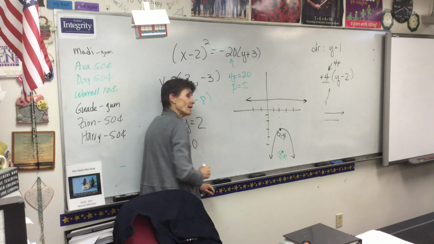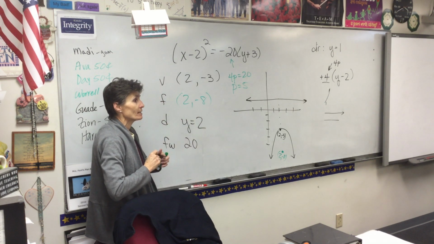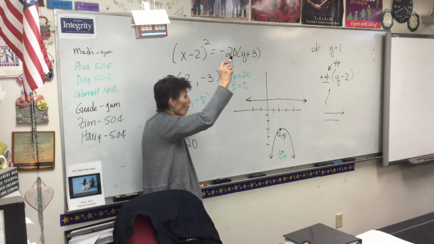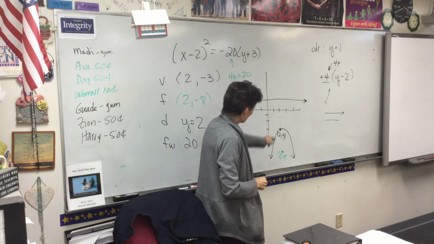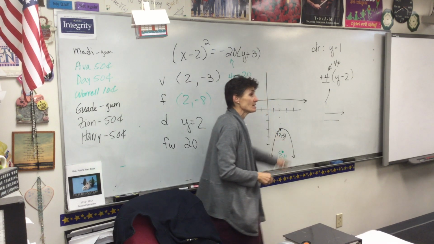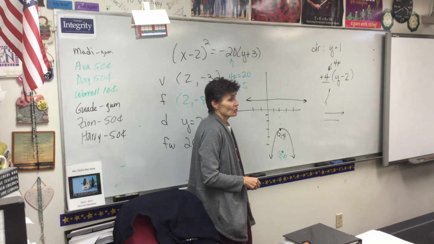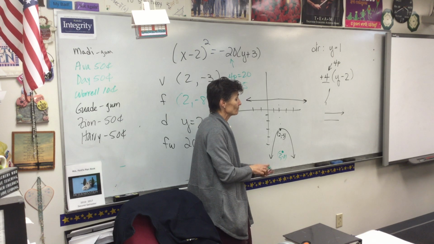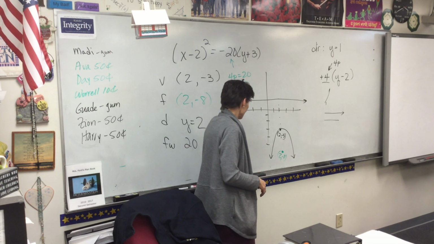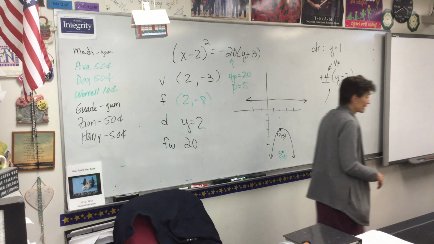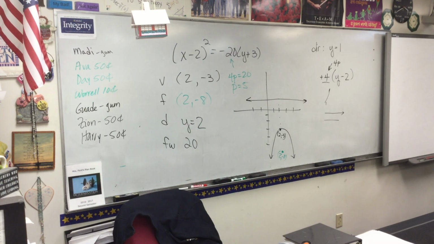I went up 5 from negative 3, so y equals 2. That is a practice problem. Next time we're together, we'll do a couple more. Again, you do have some homework problems you can practice. You can redo these if you want to practice.